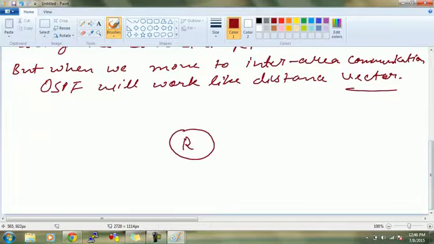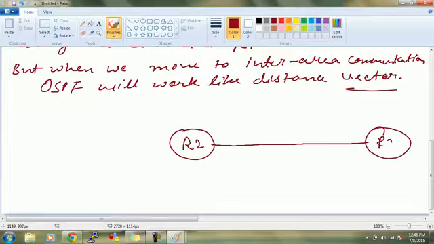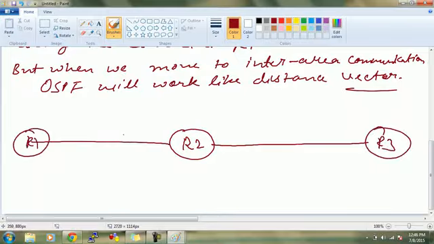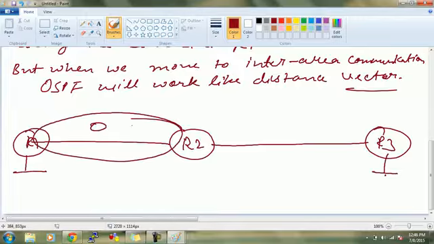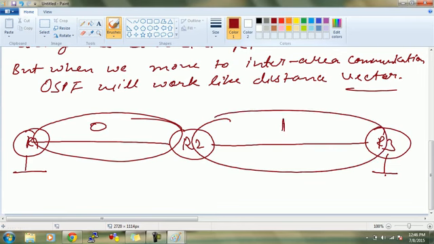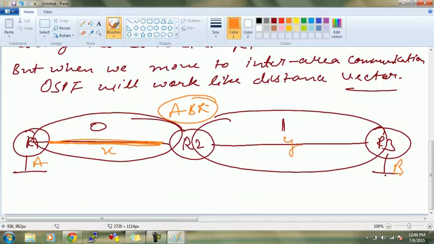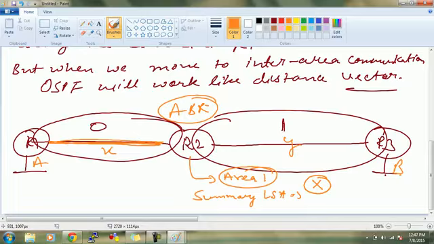Just think like this is R2, this is R3, this is R1. Here I have a loopback, here I have a loopback. This is area 0, this is area 1. So what will this router be called? ABR. This router will send this network information. This network is, let's say, X. So in area 1, the summary LSAs, which LSAs? Will be X. Network is? Second is?